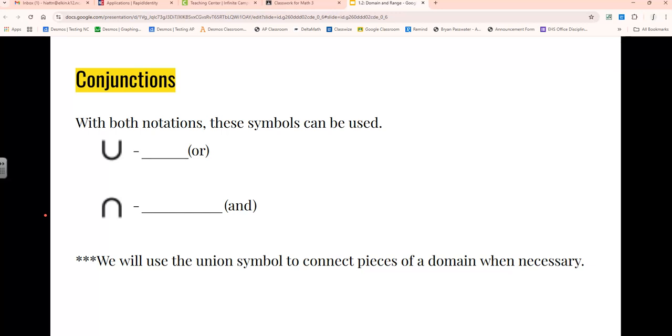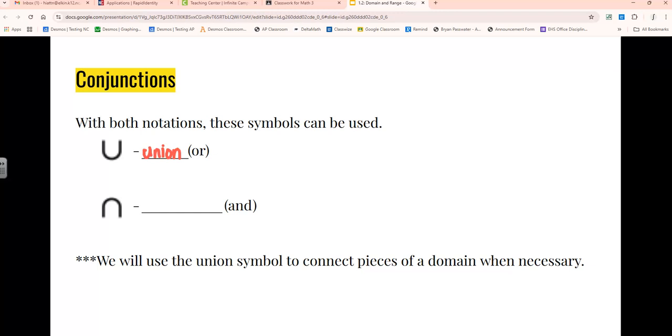So over the thousands of years, mathematicians keep coming up with these symbols so they don't have to write words. So instead of writing or, this little two-letter word, we don't like using 2 letters, we shall use the union symbol. So this is called a union symbol.